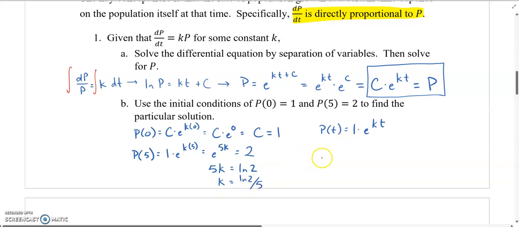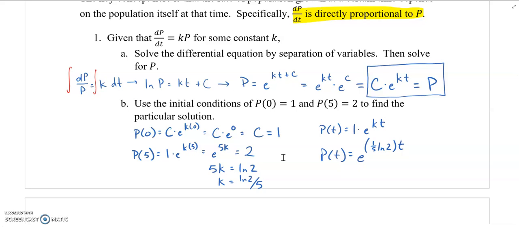All right, so that means that P of t is equal to 1 times e raised to the k, which is, I'll write it as 1/5 natural log of 2, times t. Now that is the particular solution to the equation of population growth for this particular population of cells.